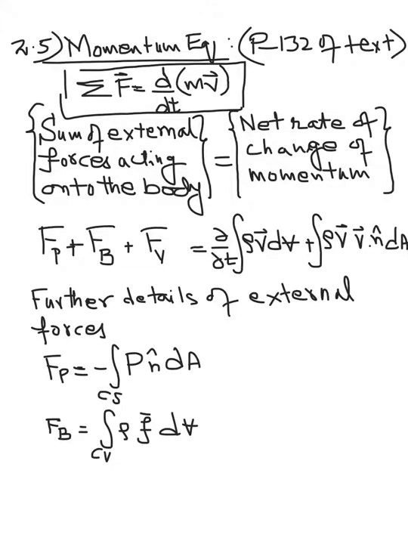Now further details of the left hand side of this equation. The pressure force, as you all know, pressure acts normal to the surface area, so multiplied by the normal vector and the area, you can easily get the pressure force, with a negative sign as pressure acts onto the surface. Similarly this is the body force, which is density and specific volume.